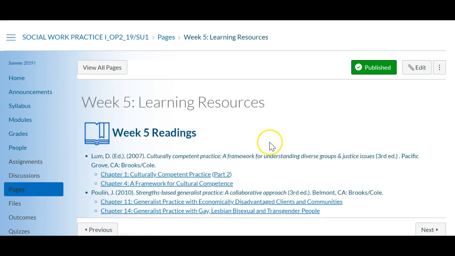In terms of your readings this week, two good chapters from Lum, Culturally Competent Practice, a Framework for Understanding Diverse Groups and Justice Issues.